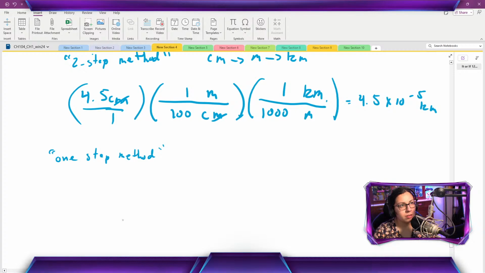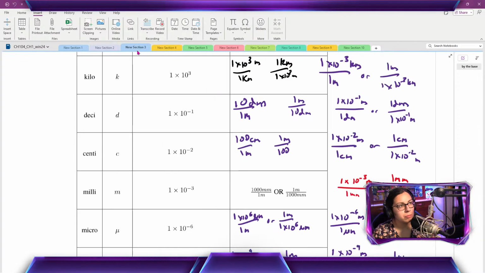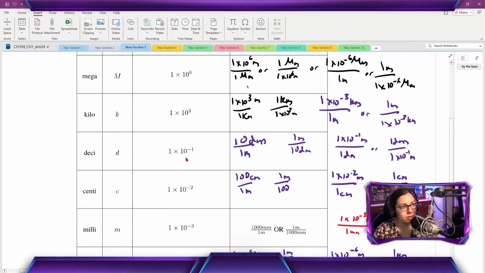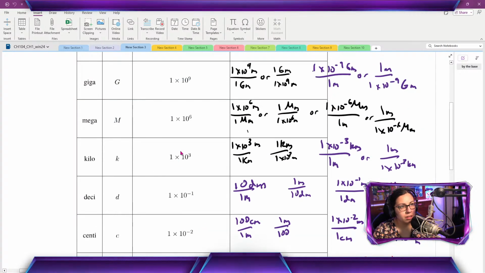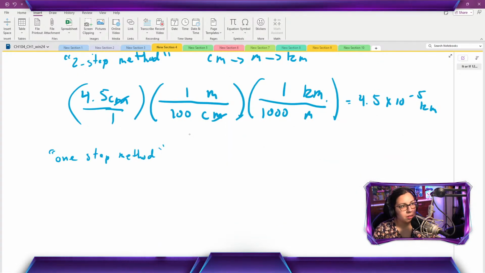And so if we look back at what our factor is for both of these, so centi is 10 to the negative 2 and kilo is 10 to the third. So centimeter. And so you might be able to see right away that there's a 10 to the fifth difference between them.